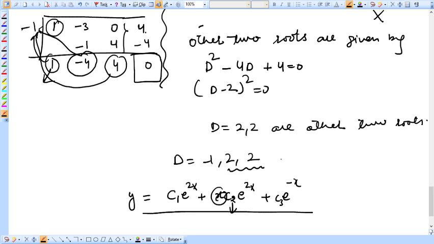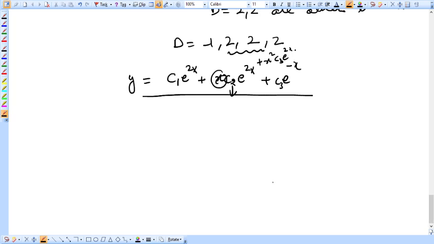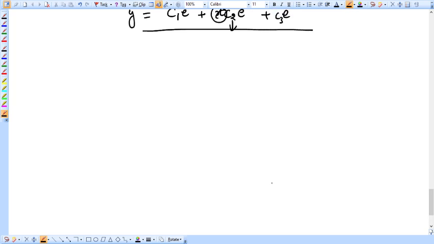If it had been repeated 3 times, we would have added another term x square c3 e raised to power. This is the solution for the repeated roots of the auxiliary equation, right?